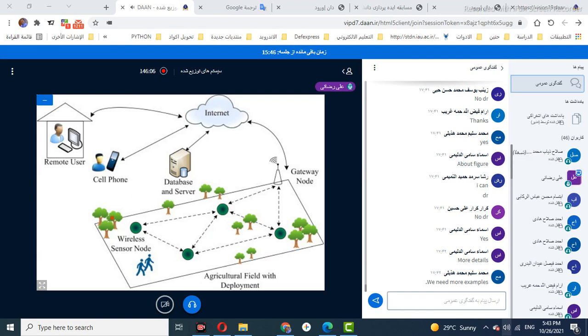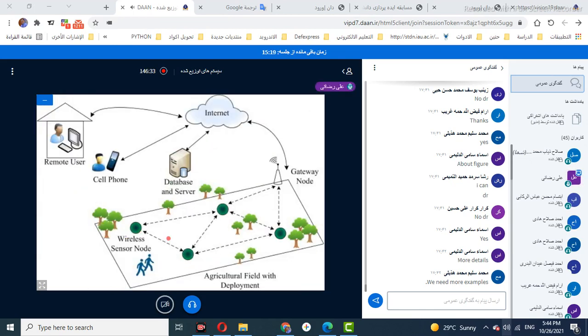Here is our farm, or as it has been written on the image, agricultural field. Here we have 1, 2, 3, and 4 sensors. These sensors may sense, for example, soil humidity.